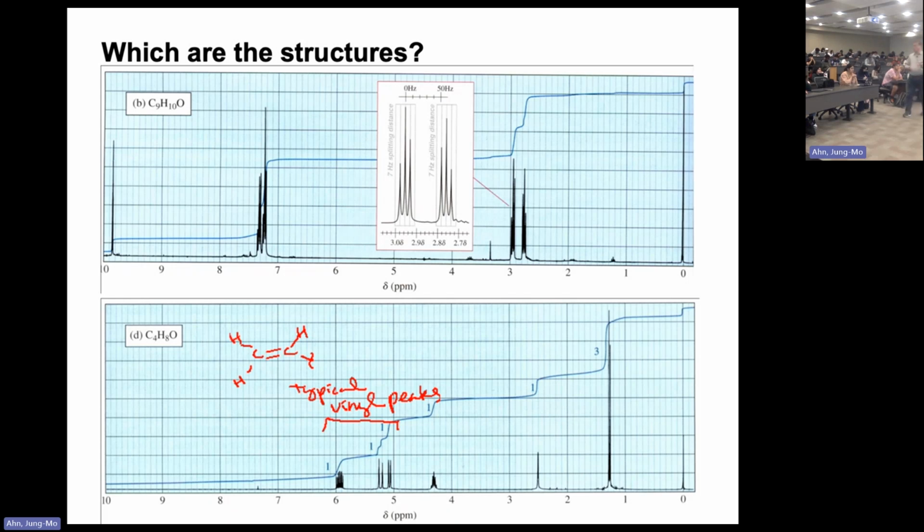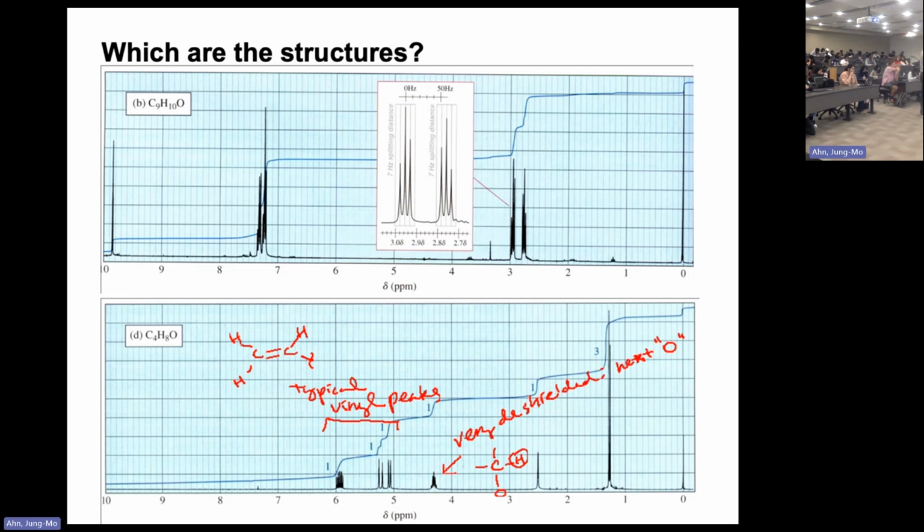And it cannot have just one thing. Oxygen can push up to about 3.5, but moving it over 4 should have something else in there, like another electron withdrawing group, or maybe the benzene. But we don't have a benzene here because between 7 and 8 we got nothing. So no benzene. And maybe a double bond. A double bond could be one of the issues that pushes things up by the anisotropy.